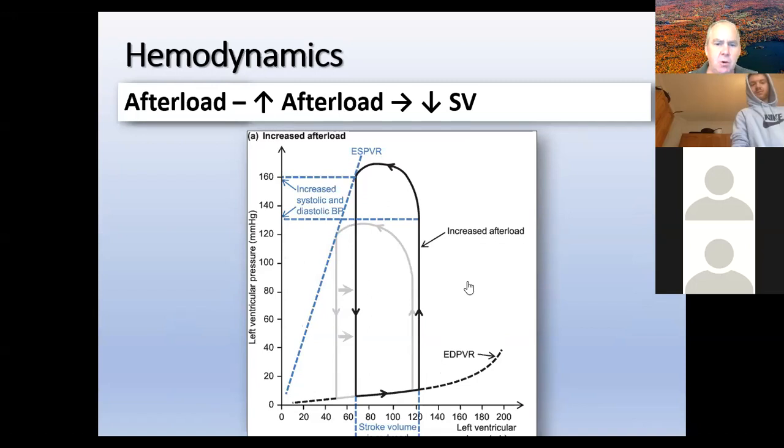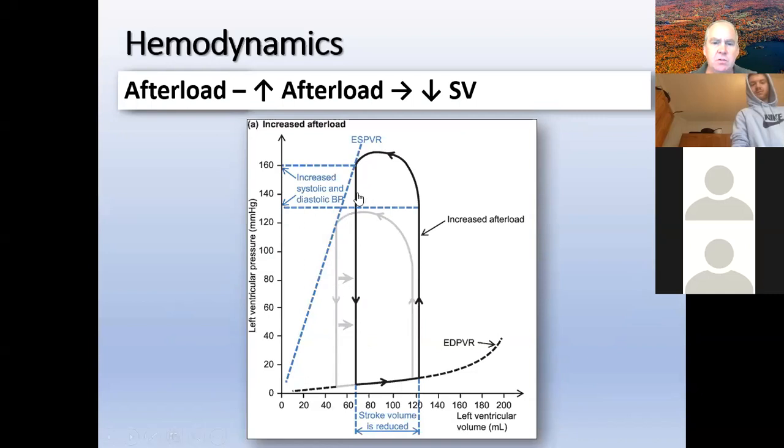Okay, so here's your normal. You increase afterload. That means that you're getting a little more filling here, but a lot less emptying. So what we're seeing here is, this is normally your end systolic volume. And when you increase your afterload, you get less blood out during the contraction, so your end systolic volume increases.